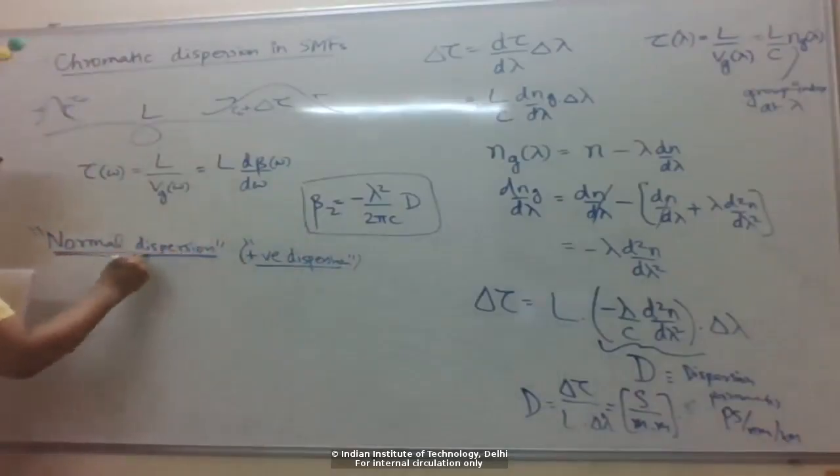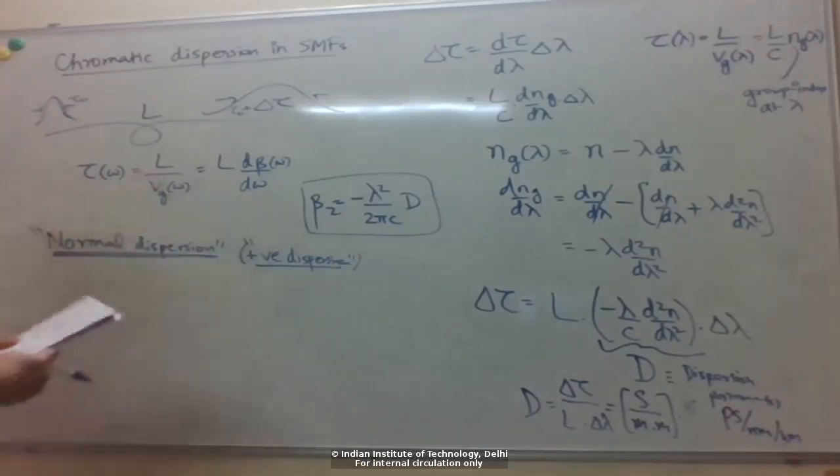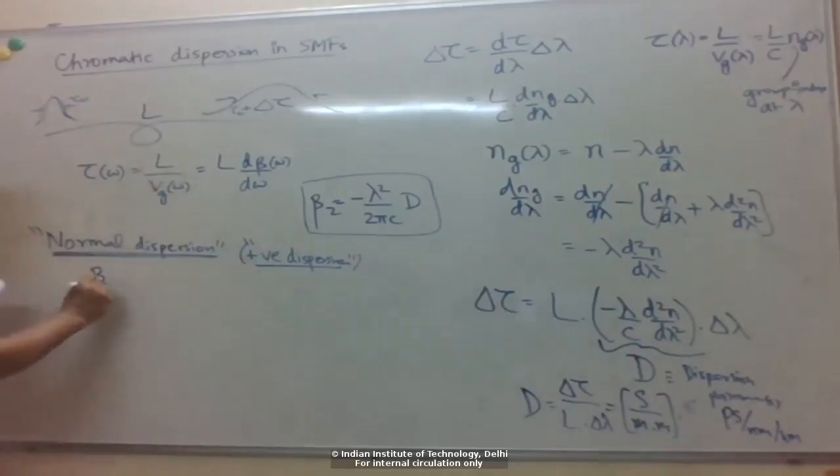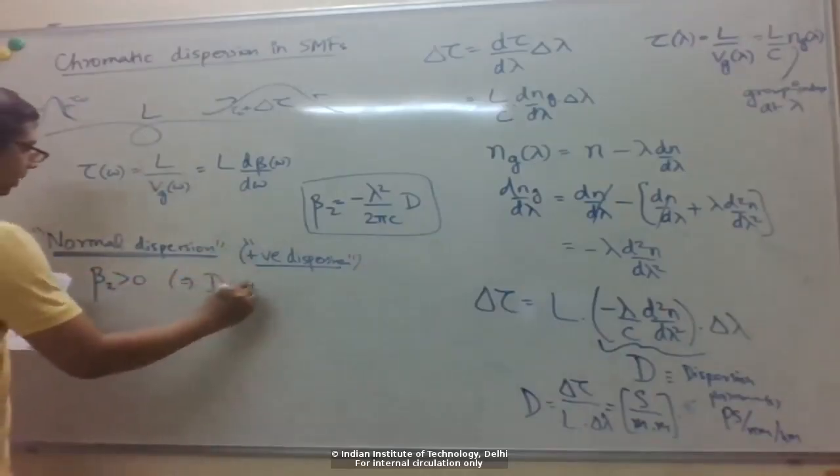A more useful terminology is to use the term normal dispersion. Why is it normal? Because for most materials in most wavelength ranges, this is the sign of the dispersion. So beta 2 is positive, or D is negative.